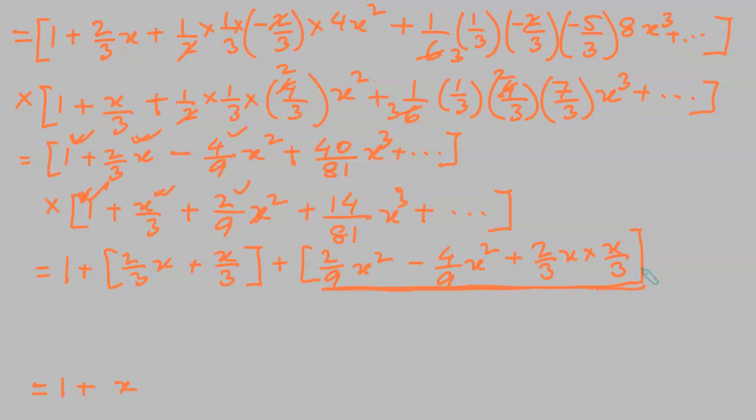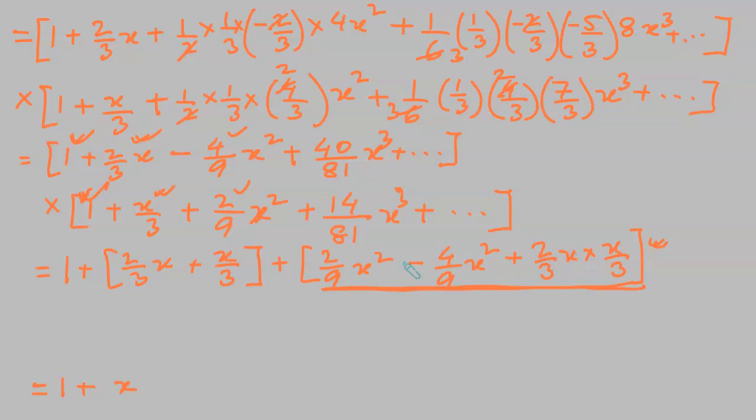Okay. That is why they have asked for first 3 non-zero terms, because obviously this is the third term, but this is equal to 0, so we cannot use this. We cannot take this. We have to go for the power of x as 3, x cube. We have to take the term containing x to the power of 3.